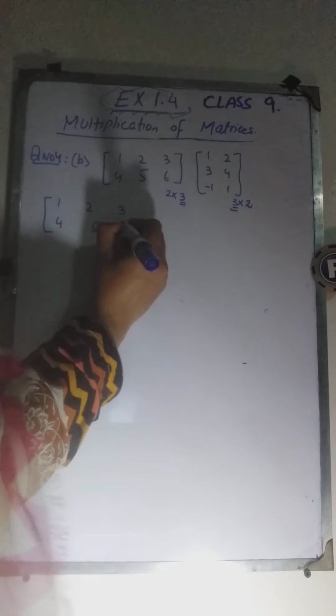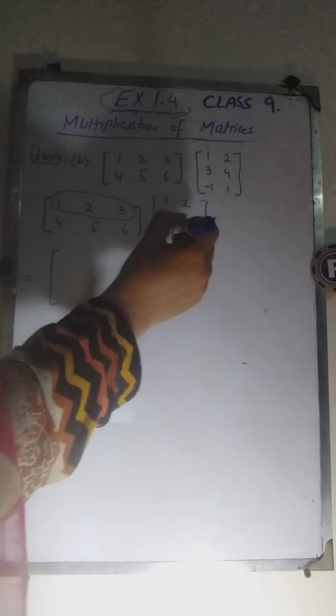1, 4, 2, 5, 3, 6 is to be multiplied with 1, 2, 3, 4, negative 1 and 1.